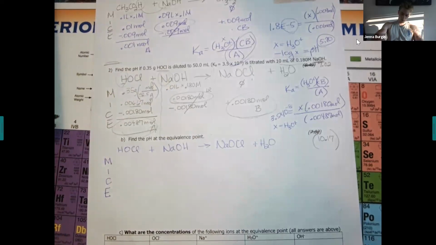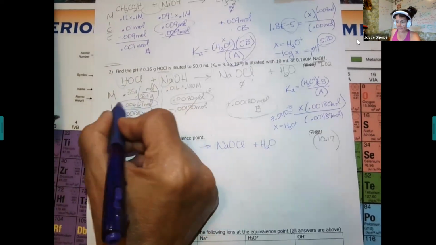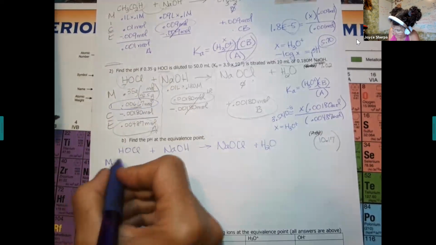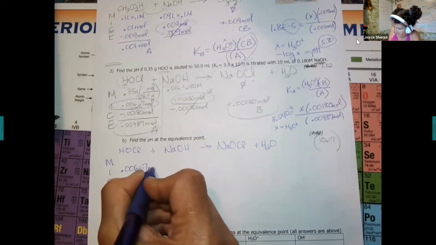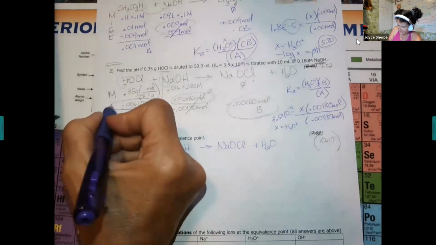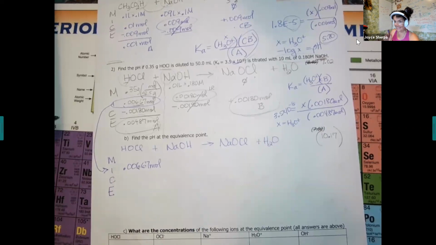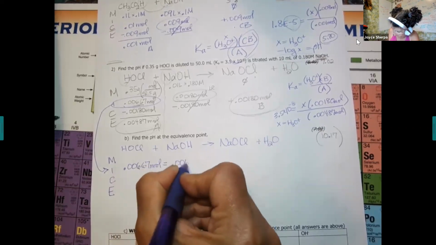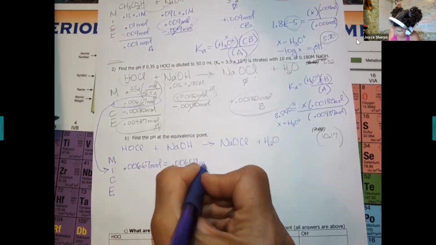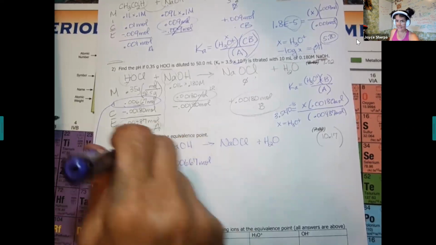The initial moles. I already figured it out for whatever it is you're titrating. So the weak, in this case, the weak acid. That moles is still my initial moles. The NaOH at equivalence is now the same. That's what equivalence means, is these two are the same.